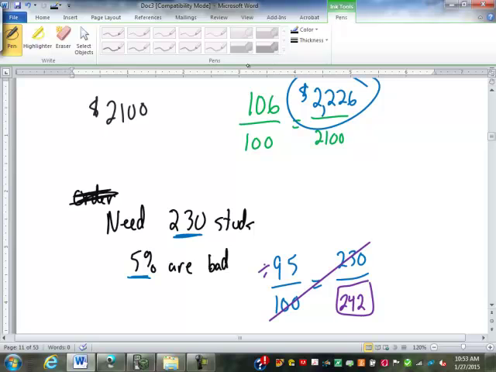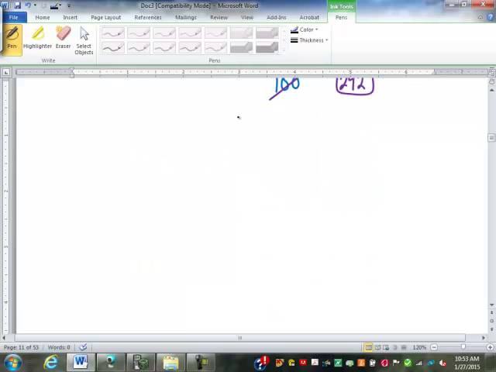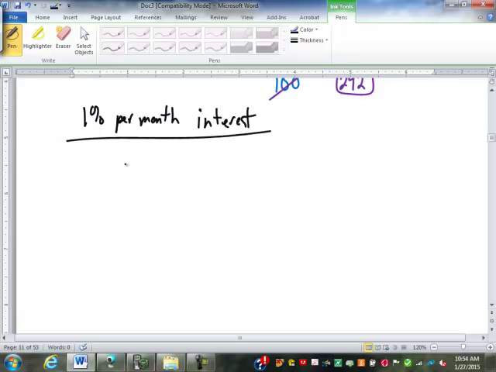Let's see. Another application, this is interest. Let's say you have a customer who doesn't have the money at the end of the job to pay up. So in your contract, it allows you 1% per month interest, or 12% annual interest. So let's say that they still owed you $8,300, and it takes them 3 months to pay.